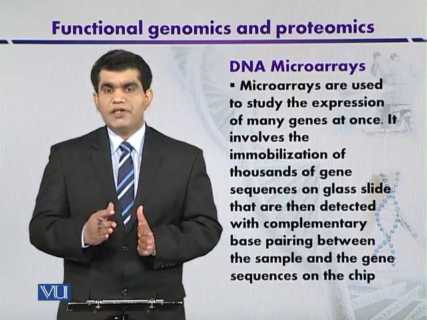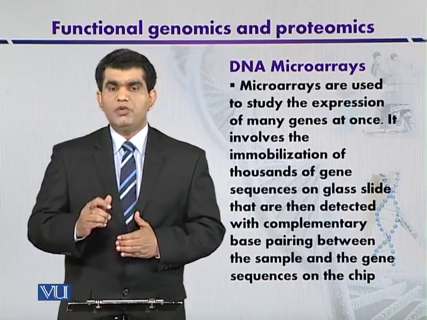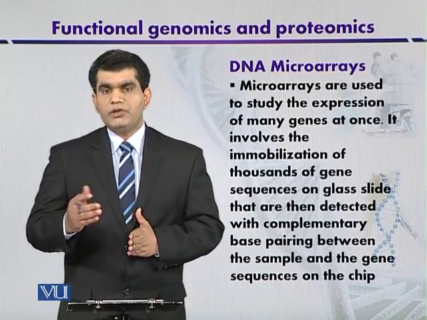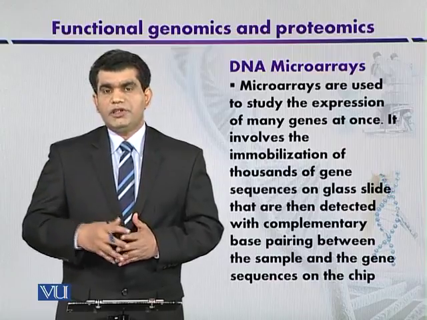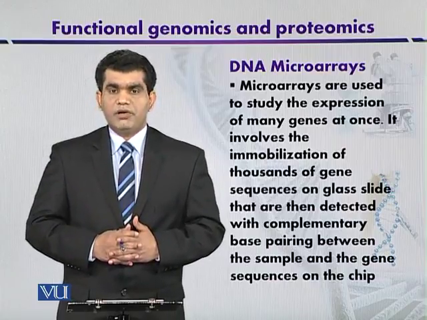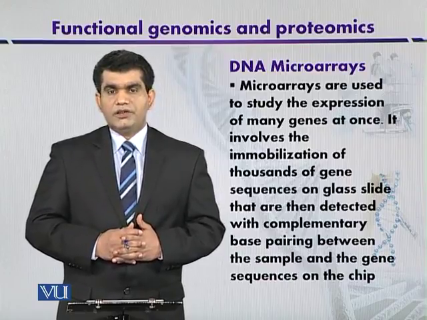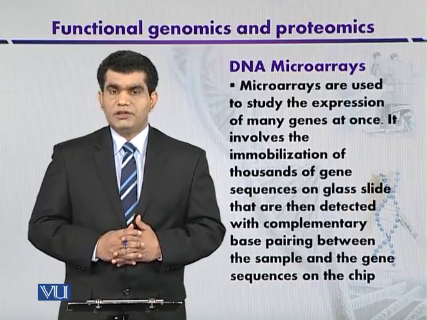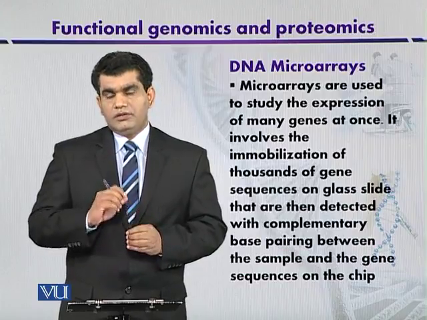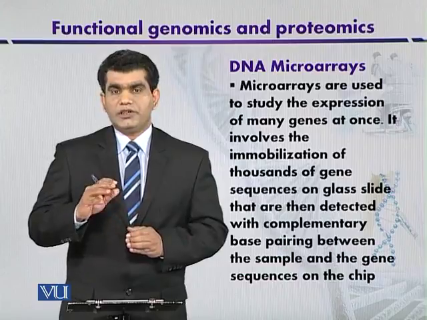When hybridization is strong between the immobilized DNA and the probe, that is the target DNA from the sample, then this emission can be detected in the form of a signal. And hybridization on the glass slide will indicate that the genes are present in the sample.